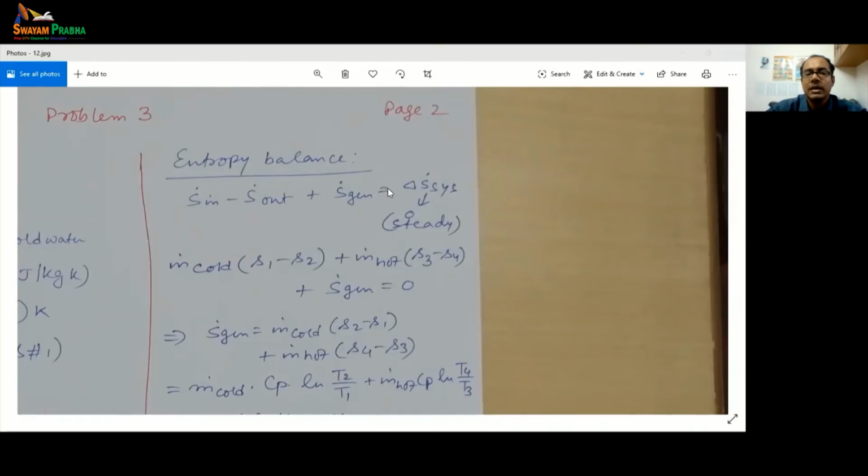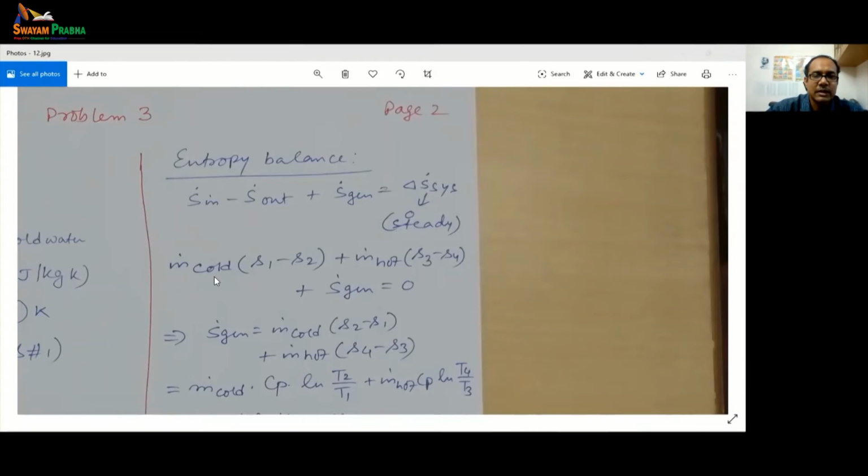Please remember that entropy can be generated, and that is why this S dot generation term is always there in the entropy balance equation, and this is equal to the delta of S dot system, that means the change of system entropy, and for a steady state this will be 0.